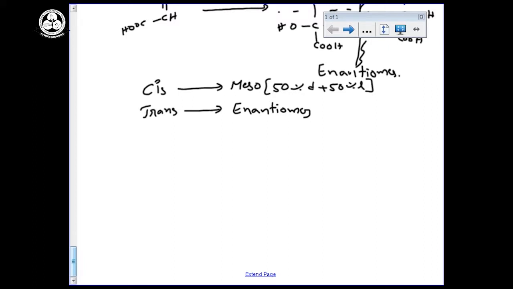Enantiomers mean non-superimposable mirror images. These compounds are optically inactive, and these compounds are optically active. Moreover, here there is a plane of symmetry, POS, and here there is no plane of symmetry. POS means plane of symmetry.